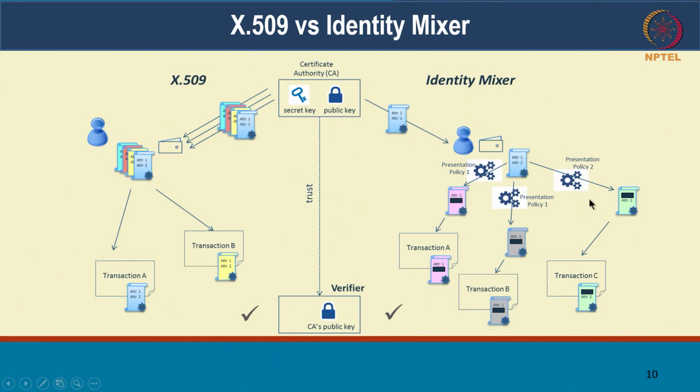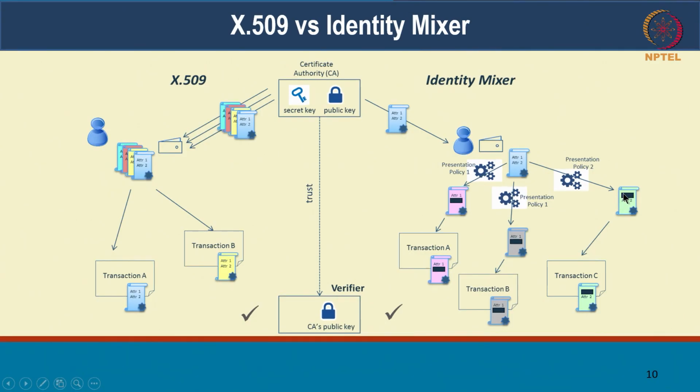And based on policy 2, maybe this can be even a different channel altogether where the user is performing transactions. It can be maybe a different chaincode, or just simply a different transaction within the same chaincode. For transaction A, I want to disclose attribute 1. For transaction B, I want to disclose attribute 2. So if you look at this, attribute 1 is hidden here and only attribute 2 is shown. And in this transaction, only attribute 1 is shown.